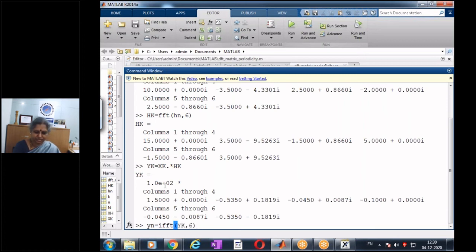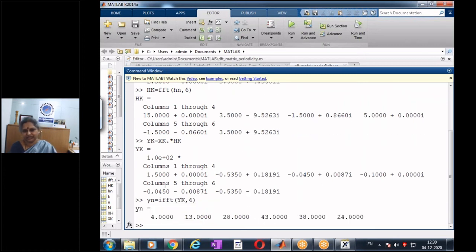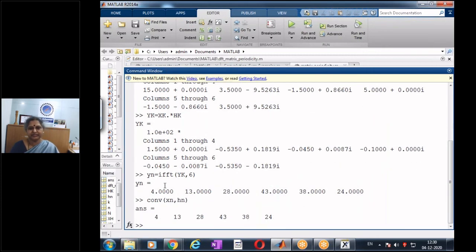Since I'm doing a 6-point, I need to do a 6-point inverse DFT. The result I get is 4, 13, 28, 43, 38, 24. Let us do the convolution of the same sequences, x of n convolved with h of n, and see if we get the same result. We get exactly the same result, 4, 13, 28, 43, 38, 24. So both methods give us the same result.